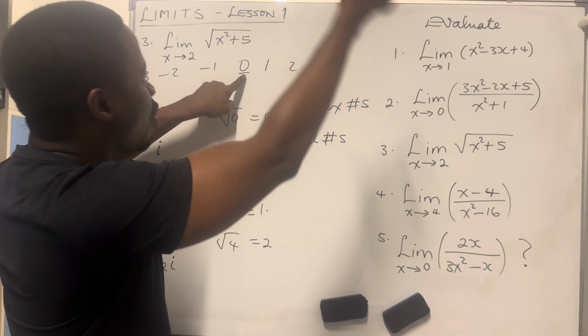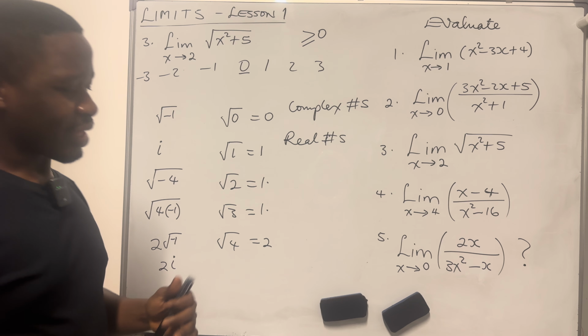If it is 0 or more, no problem, substitute directly. But if it gives a negative value, the square root of a negative number does not exist except in complex variables.